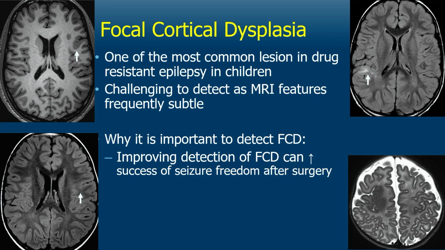So I'll spend a fair bit of time on focal cortical dysplasia because this is one of the most common lesions in children with drug-resistant epilepsy. It is also one of the most challenging lesions to detect because the MRI features are frequently subtle, they are small, they are difficult to detect and easily overlooked on MRI. So why this emphasis on trying to detect a lesion, in particular focal cortical dysplasia?